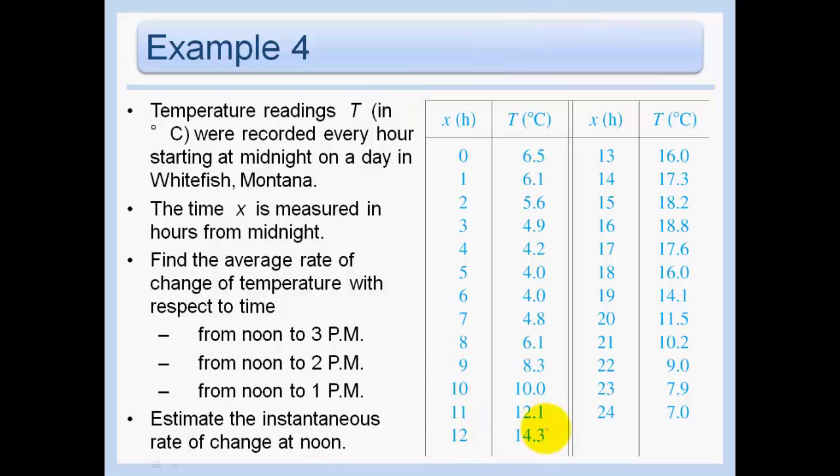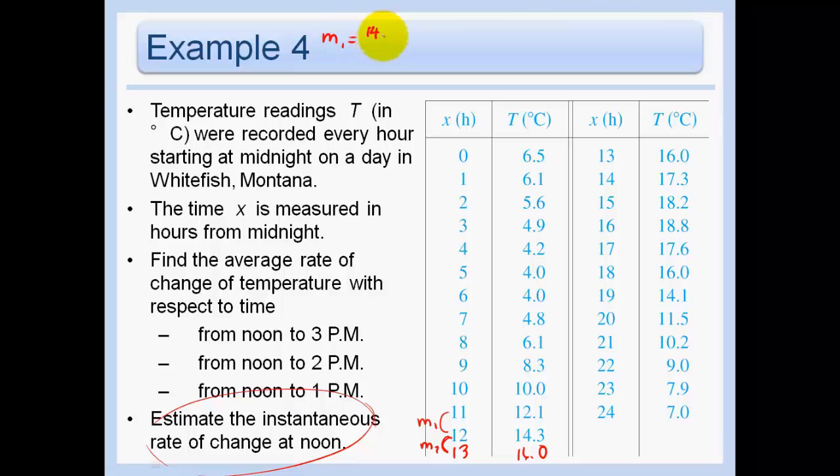So I was saying, let's go ahead and find this slope, and then let's find this slope. Let's call that slope 1 and this slope 2. We'll average them to find this. So I'm just going to write at the top here, M1 can be given by 14.3 minus 12.1 all over 12 minus 11.